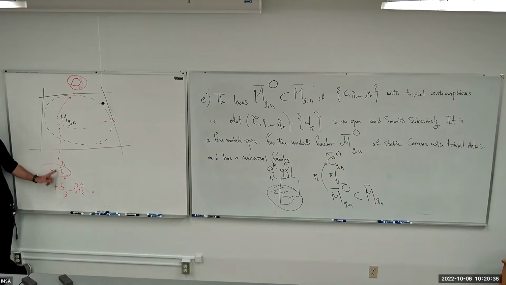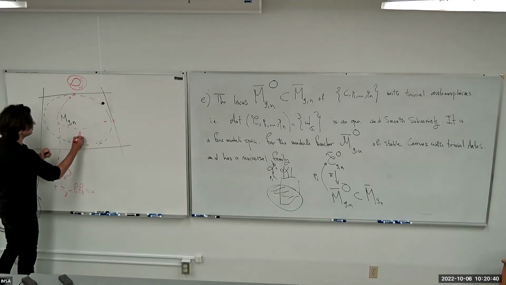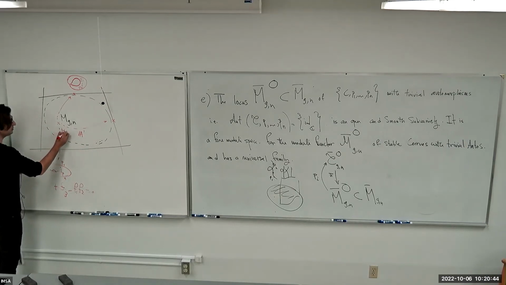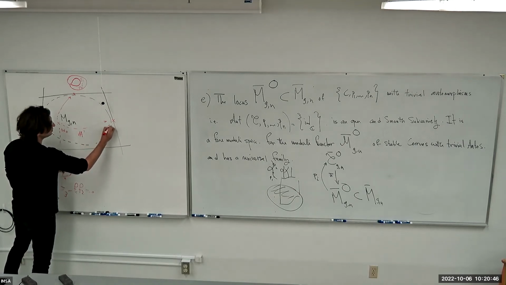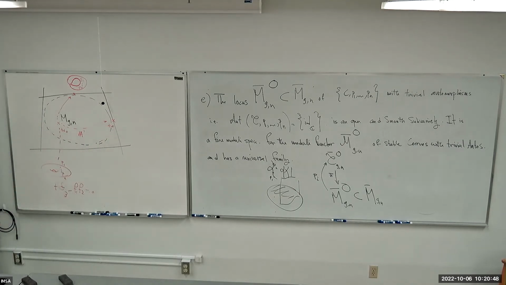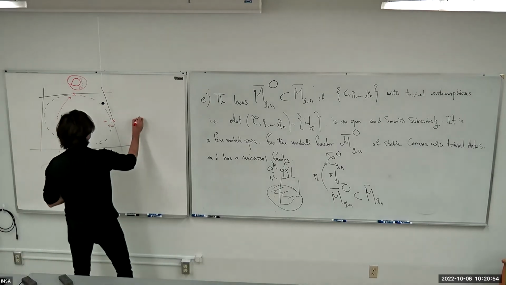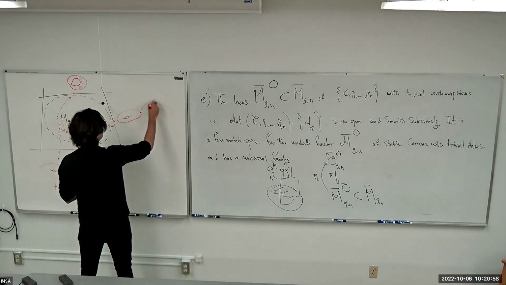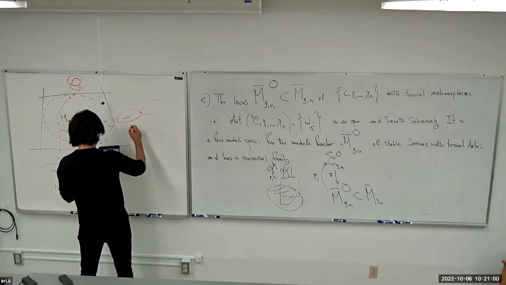So as I follow a path from here to here, maybe this path is the line A1. Maybe in here I'm looking at t not equal to 0, and over here I'm looking at t equal to 0. As I'm deforming this thing, it becomes a normal crossing singularity, and it's still an elliptic curve, so it becomes something like this, but with a node to some other component.